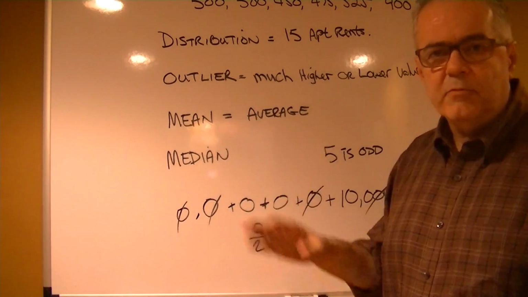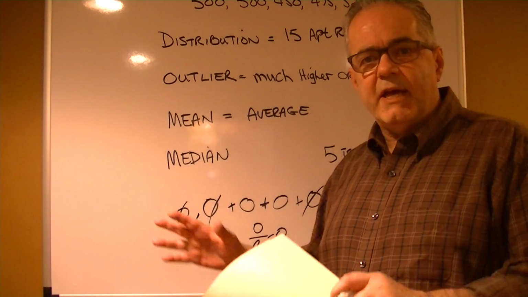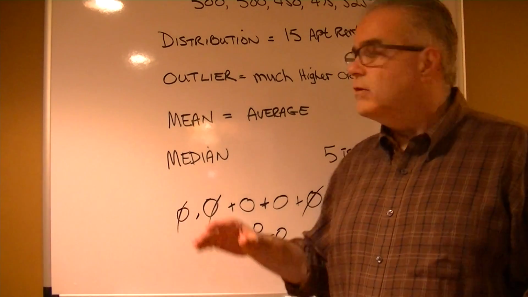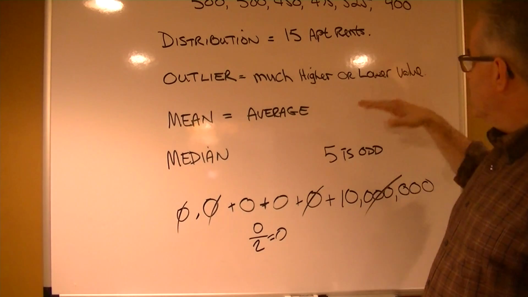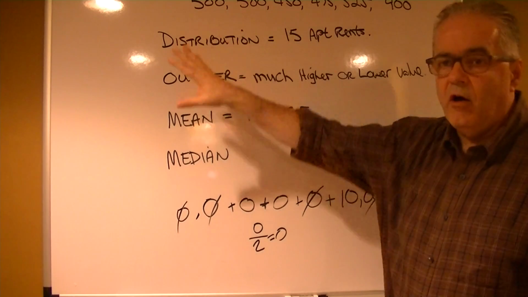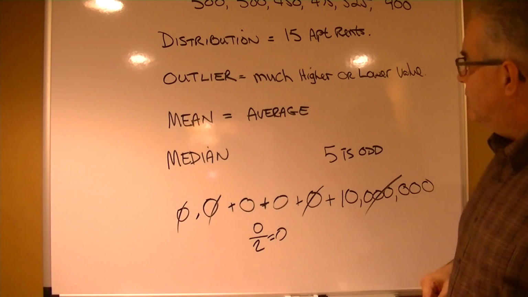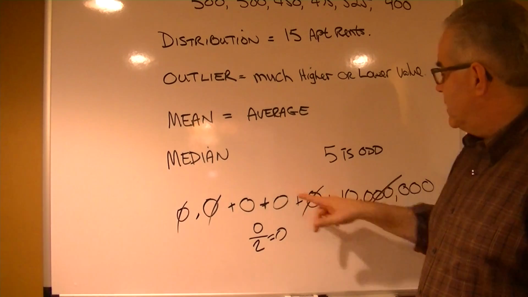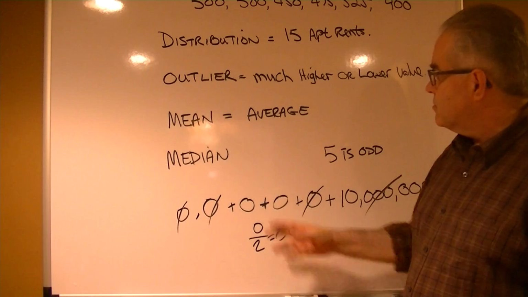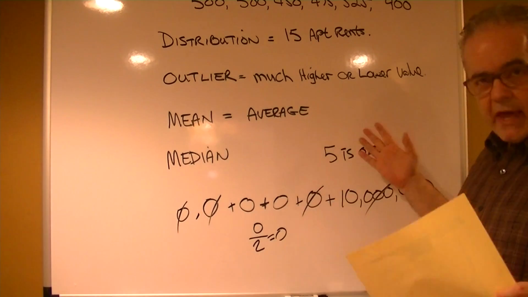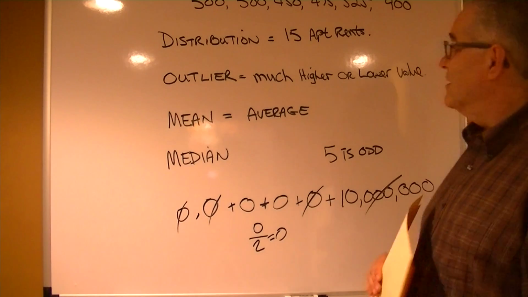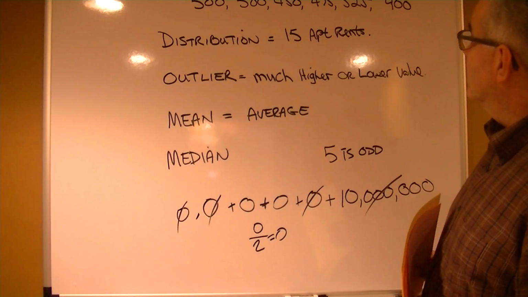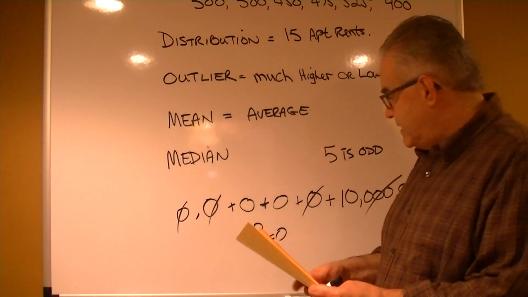I'm writing it up on the board, but I want to cut down on the time as much as I can. So just to give you an idea here, the outlier is a much higher or lower value than all the other numbers. And then we got the median, that's the middle number that I just explained here. And the average, we know that from bowling or something like that when we were a kid. All right, so that's our idea here.